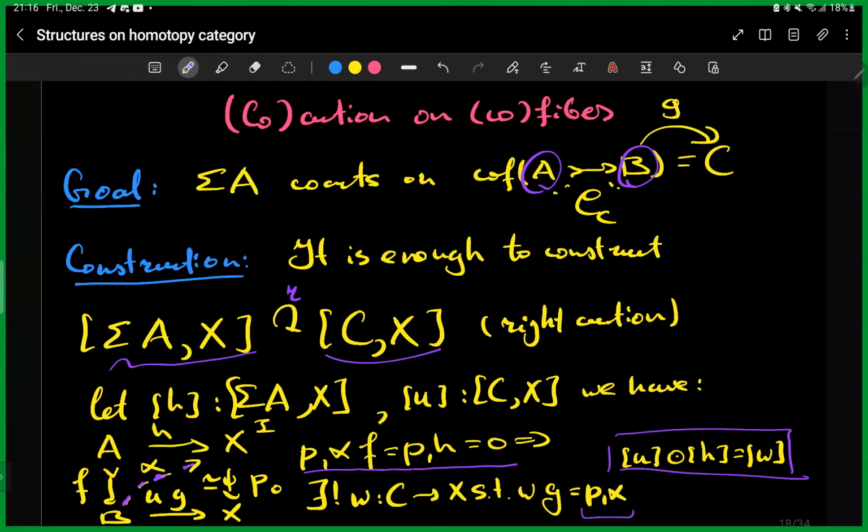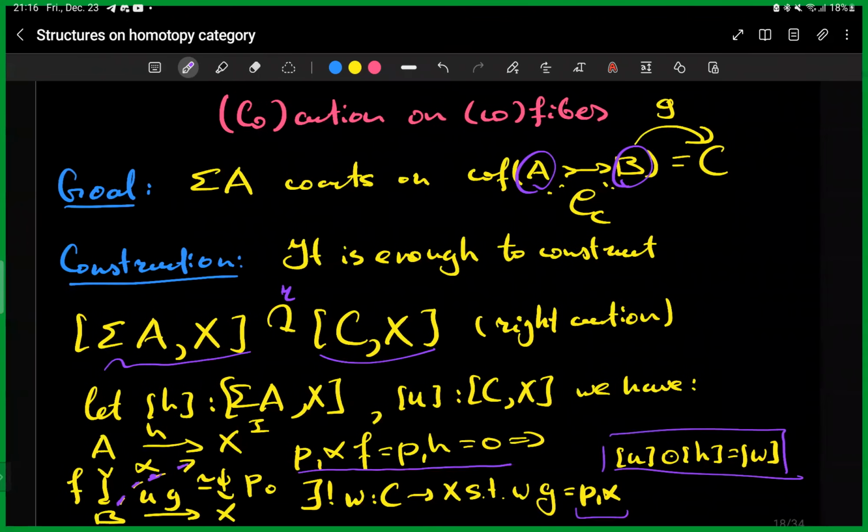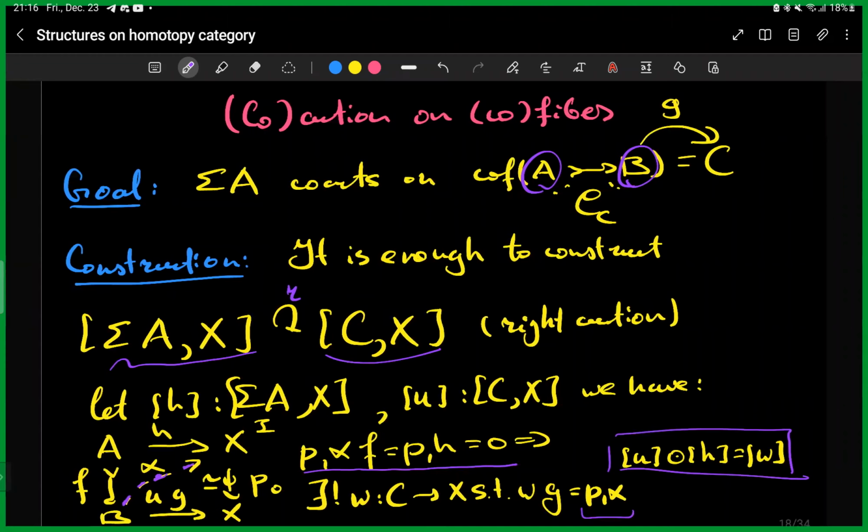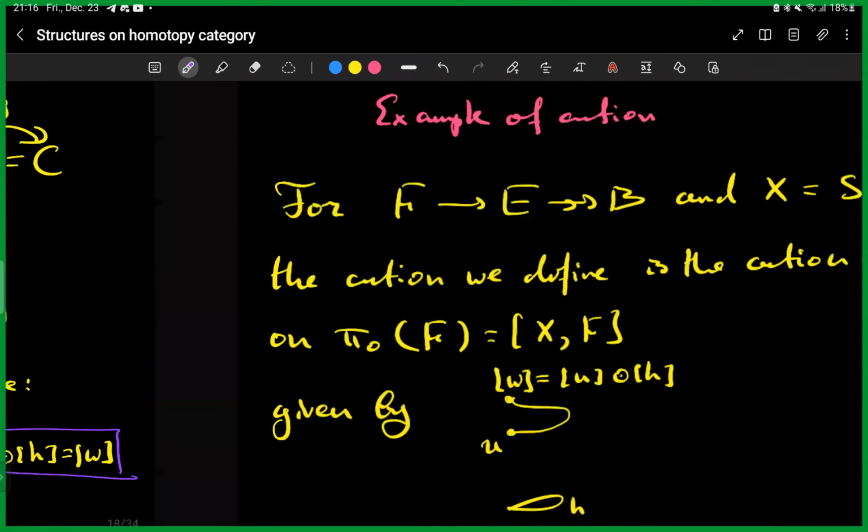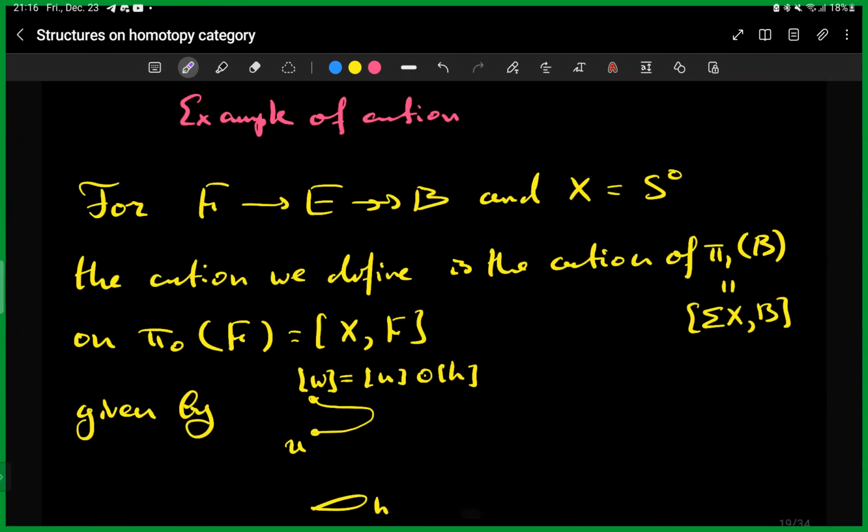So let's consider an example of this construction. I will be a bit hand wavy, and instead of providing a real example, I will provide a dual example. So let's consider a fibration and assume that our space X is just S0, so two points.